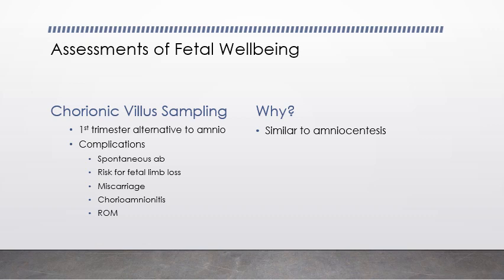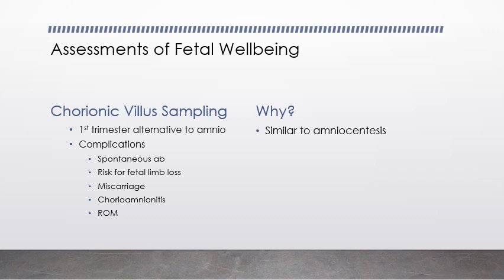This isn't very common either, chorionic villus sampling. This is usually done in the first trimester as an alternative to an amniocentesis. In essence, the fetal karyotype can be done sooner than waiting for an amniocentesis. However, there are many complications, and again, I don't hear of this being done very often.